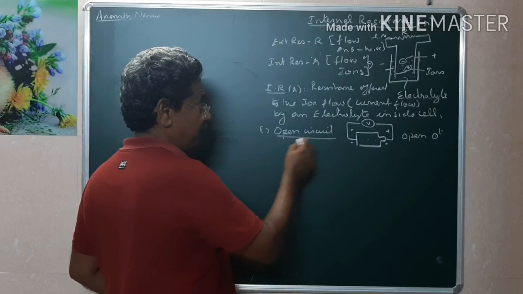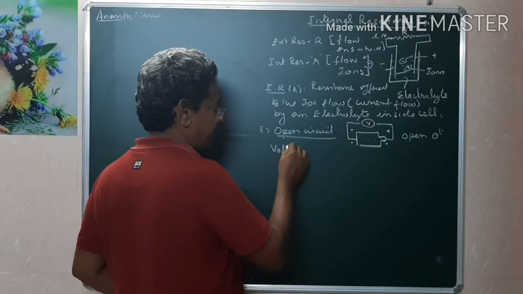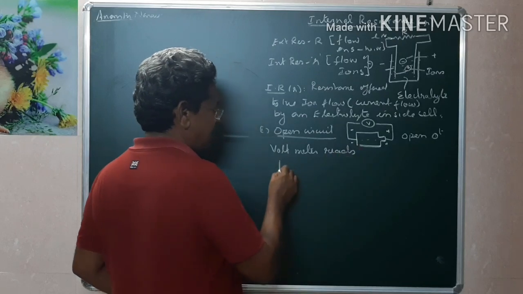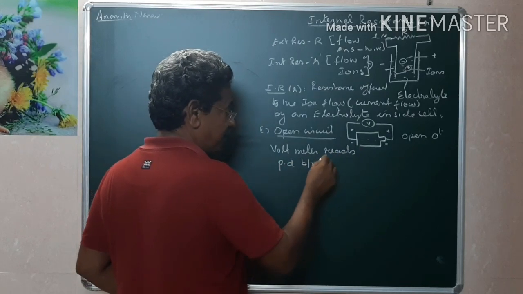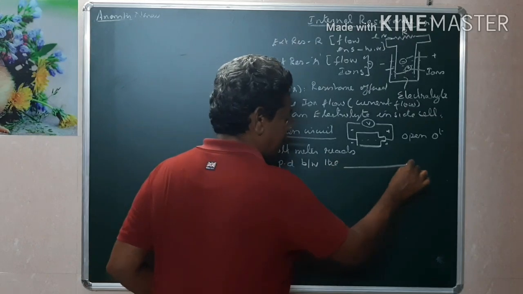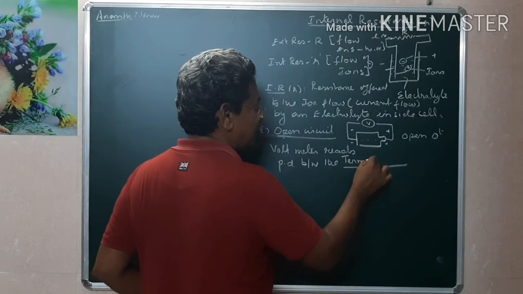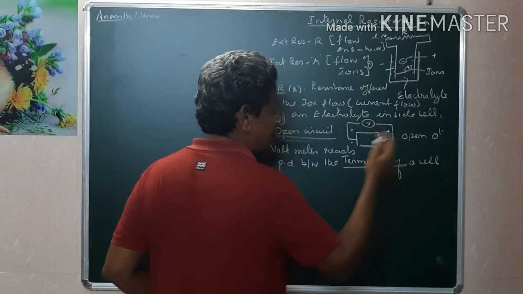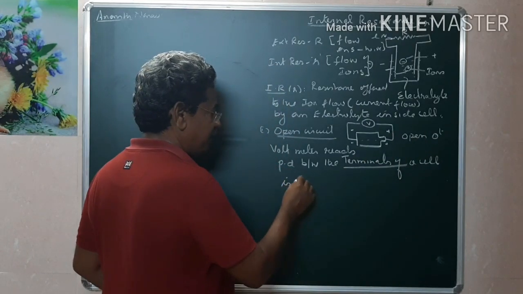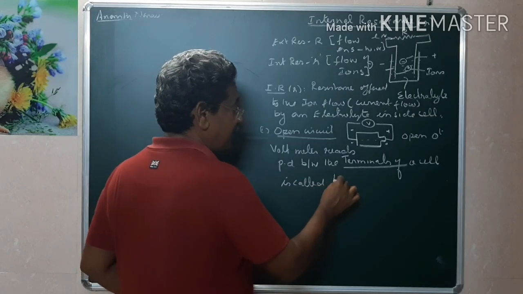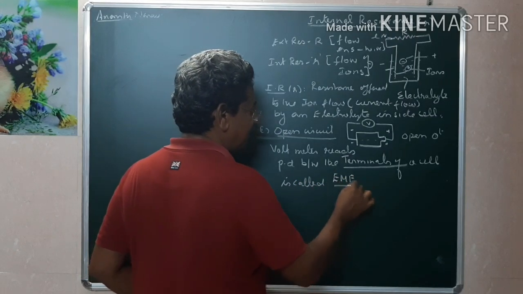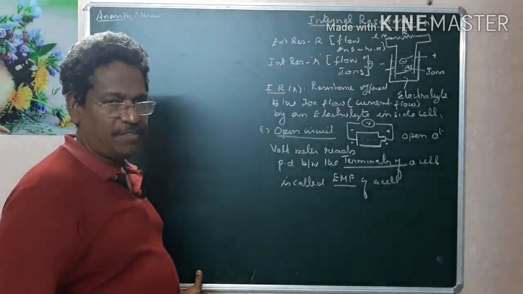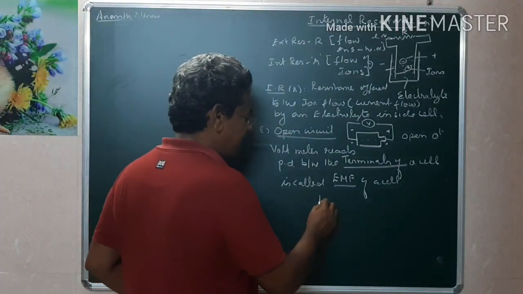Therefore, in open circuit, the voltmeter reads or measures the potential difference between the terminals, positive and negative terminals, of a cell, which is called the electromotive force, EMF of a cell. Therefore, EMF of a cell is nothing but the open circuit potential difference, and it is measured as E.